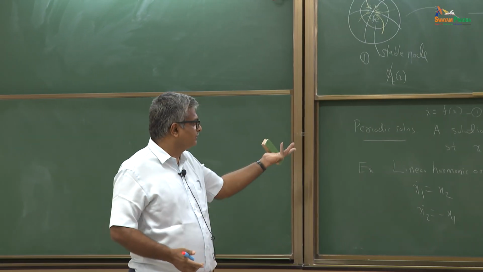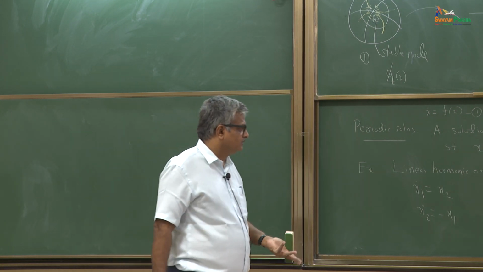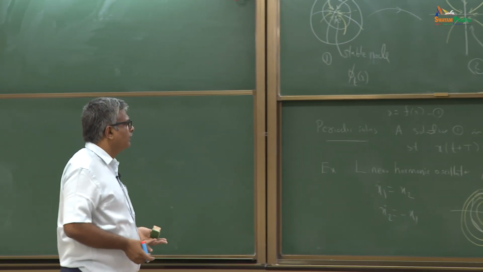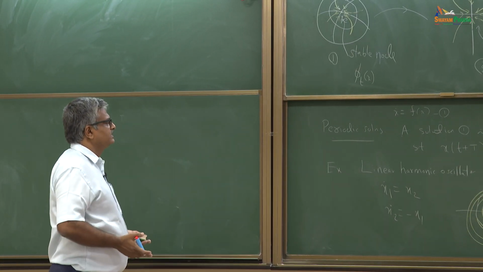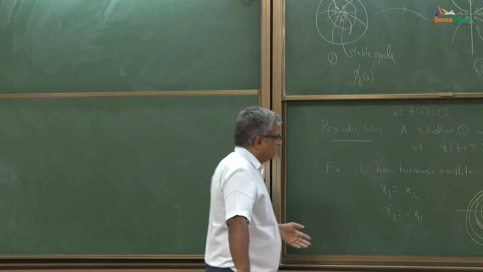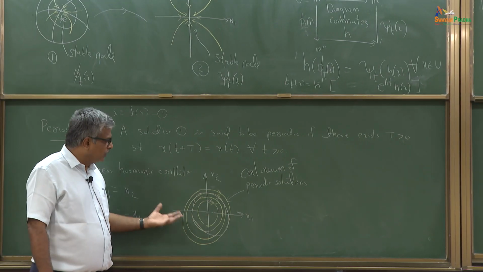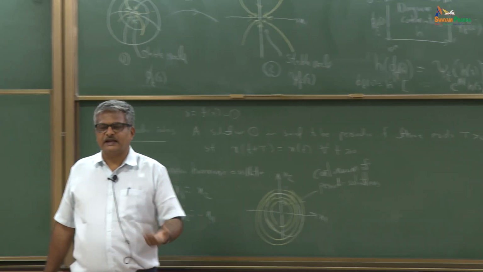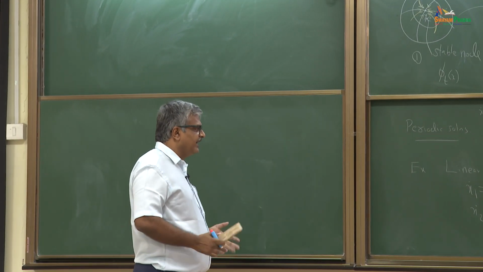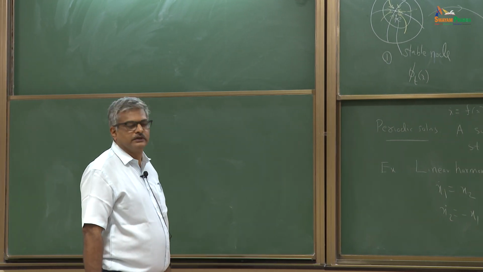We know that we cannot use the linearization when it is a center, right? And in all other cases, they are not periodic solutions. The saddle, the focus and all, they are not periodic, right? So linearization fails to answer this question, okay? So we need something different, right?